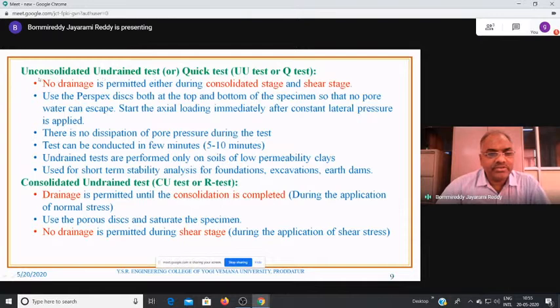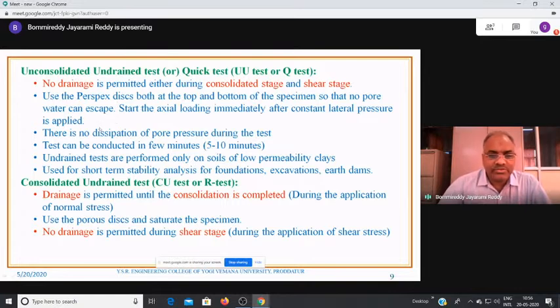In this case, unconsolidated means no drainage is permitted during axial stress, and undrained means no drainage is permitted in the shear stage. So during the entire test there is no drainage: drainage is not permitted in both the consolidation stage and the shear stage. This is the most important point for differentiating these.